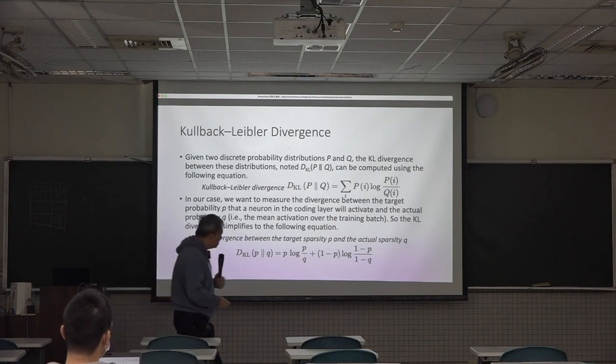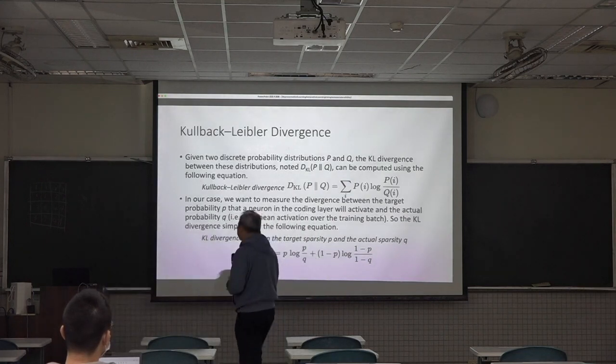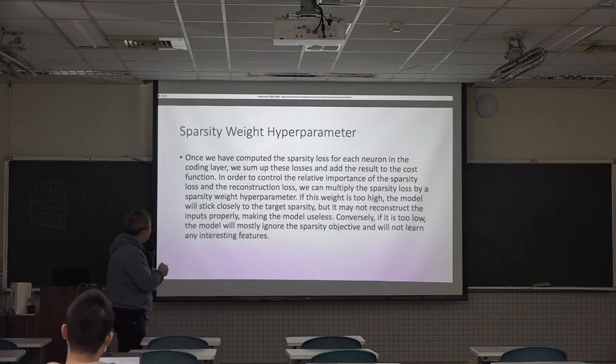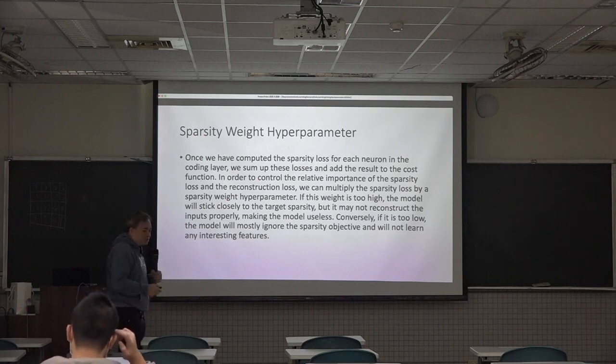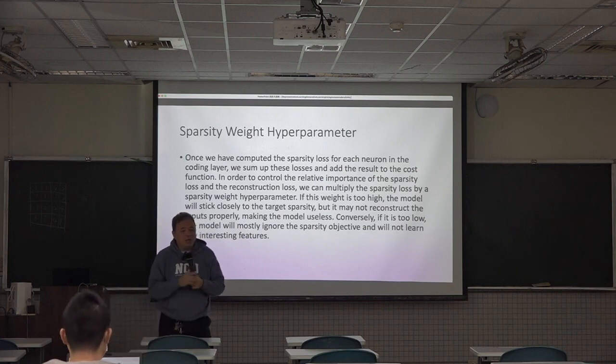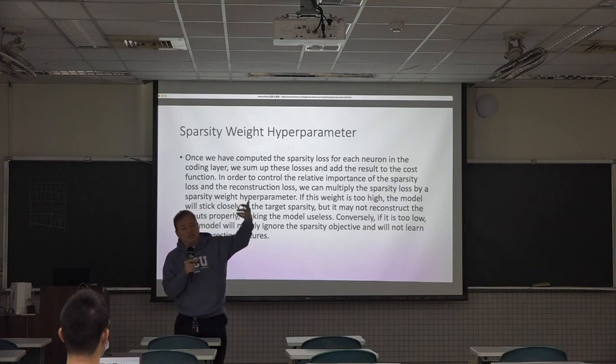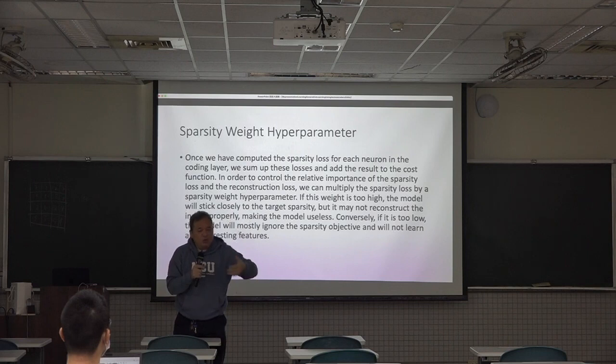Then there's another hyperparameter called the sparsity weight. Think about this: now you have a cost function constructed from two parts. The first part is the reconstruction loss, which penalizes the model when the autoencoder doesn't reconstruct the input well.